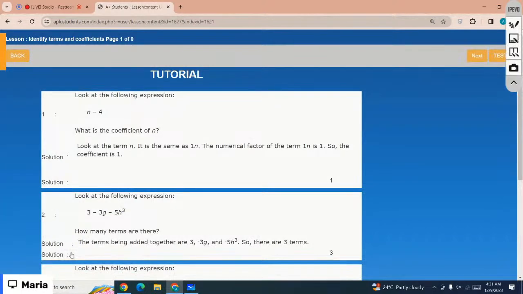Okay, let me explain what terms and coefficients are, right?